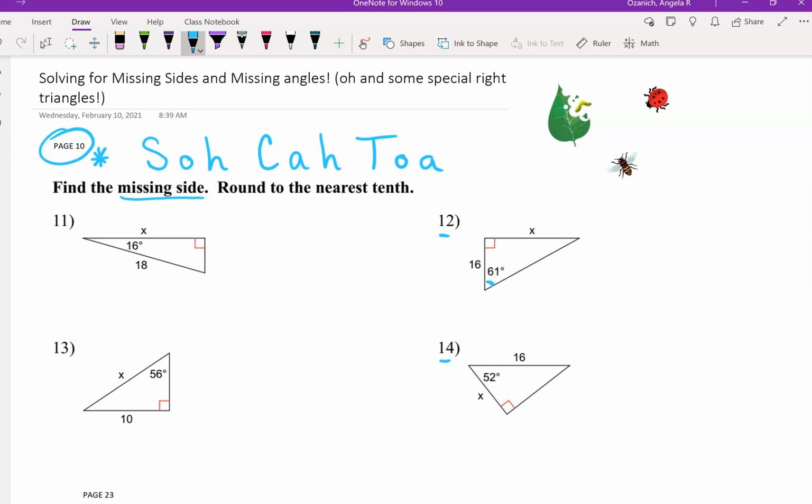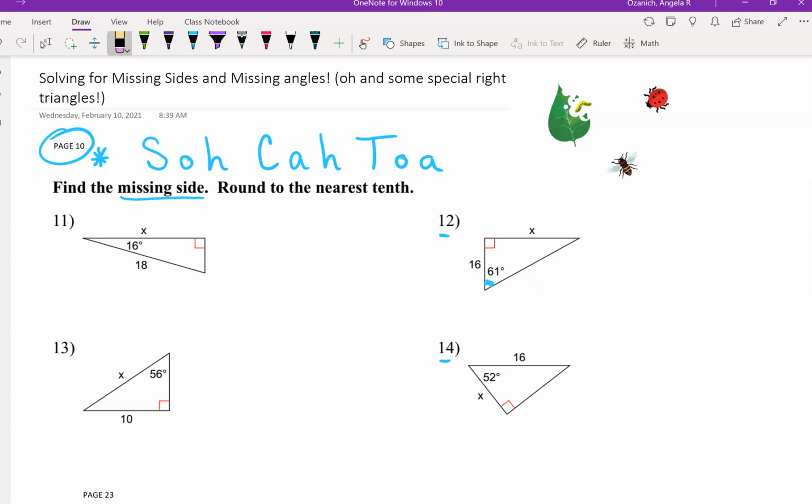With respect to this reference angle, the hypotenuse is always across from the 90-degree angle. We're not working with that one in this example, which means both cosine and sine are out of the picture in terms of our choices because we're not working with the hypotenuse.